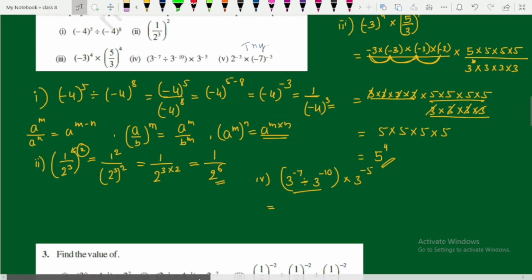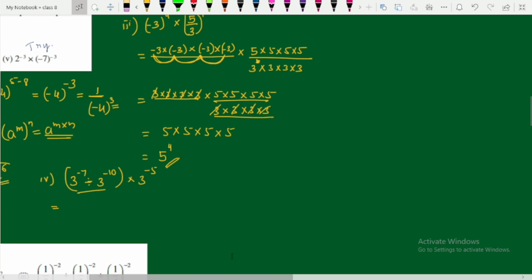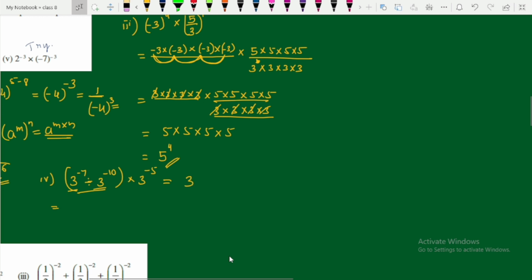First, it is a raised to m upon a raised to n, so we can write a raised to m minus n, that is 3 raised to minus 7, where m is minus 7, now minus n, where n is minus 10, into 3 raised to minus 5.